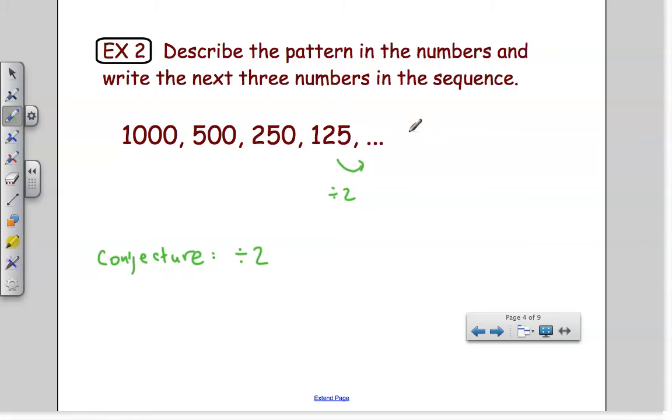Actually getting a decimal already, and that's okay. 62.5. I'm going to divide by 2 again because I said I need the next 3 numbers. So now I have 31.25. And finally divide by 2 one more time. My third number would be 15.625. Okay? So once again, inductive reasoning, looking for a pattern, making that conjecture based on what you observe.